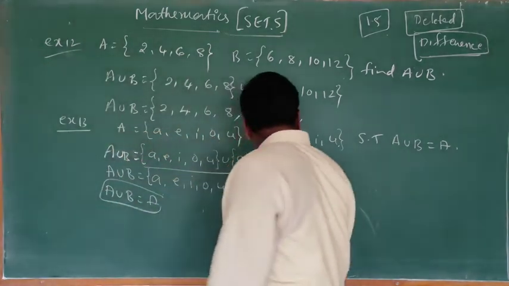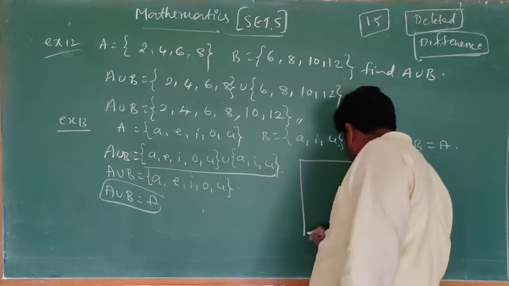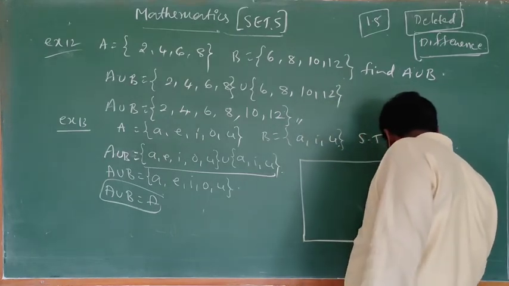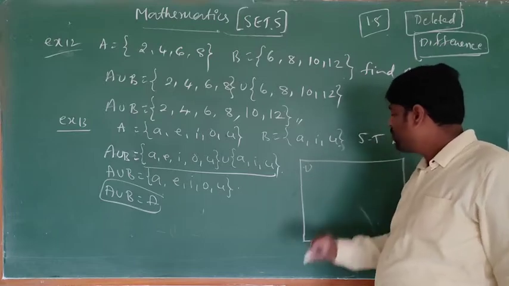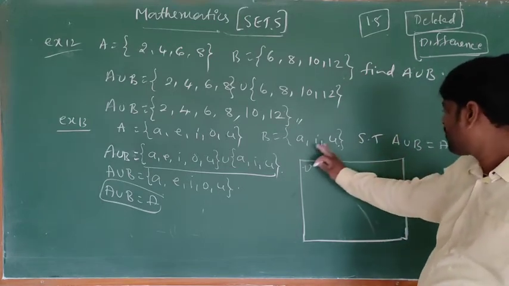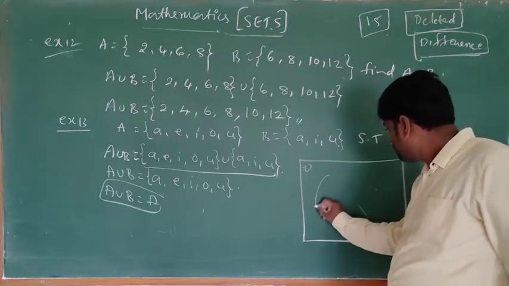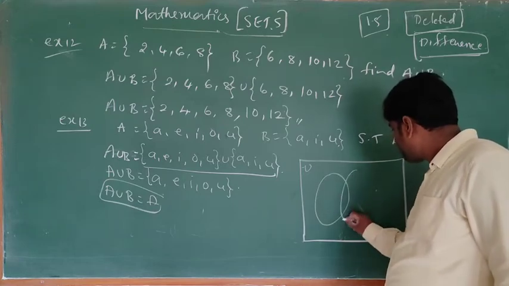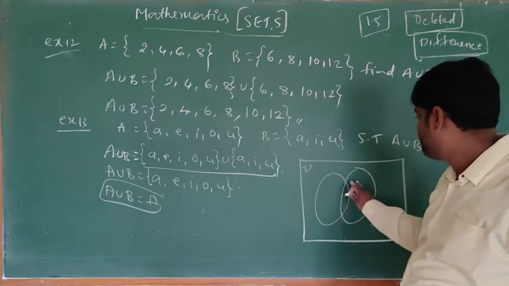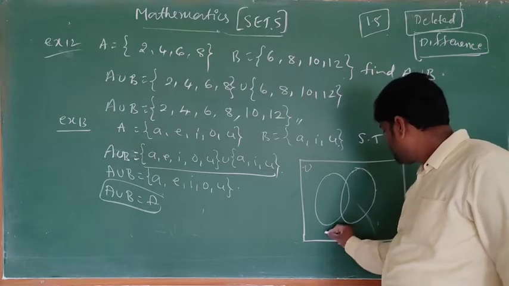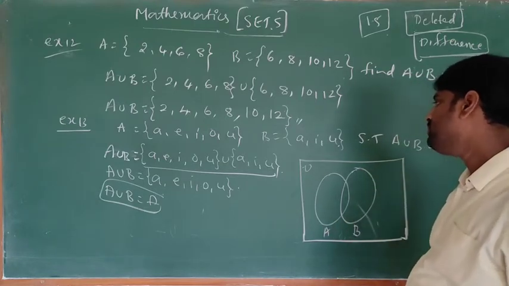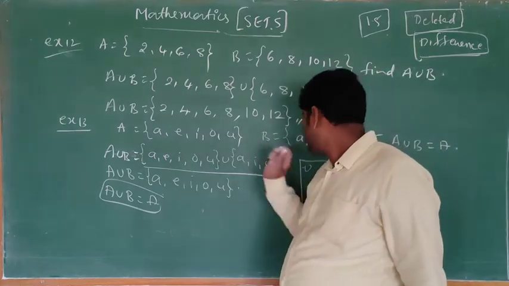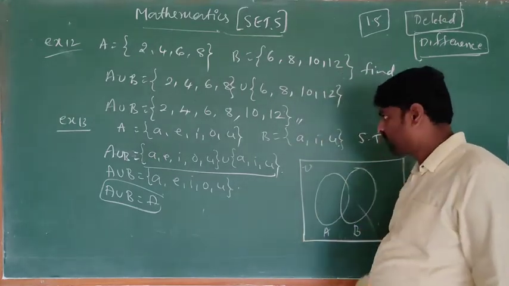And for this I can draw the Venn diagram. This is the universal set, the full box. This set is A and this set is B. Is there any common element? This is the common part.